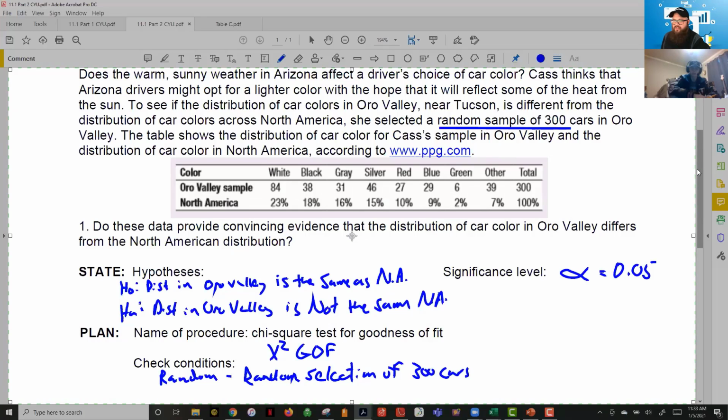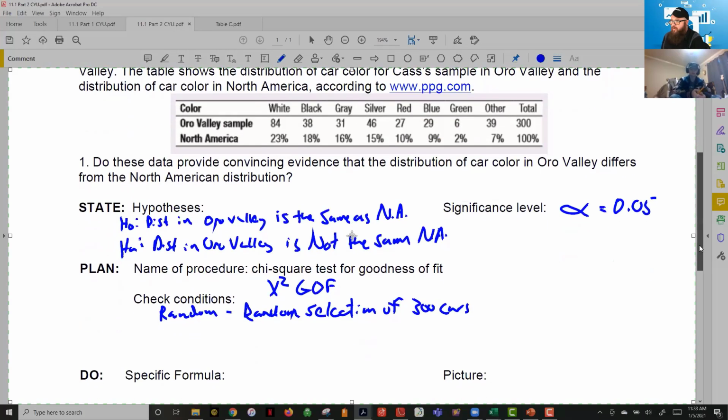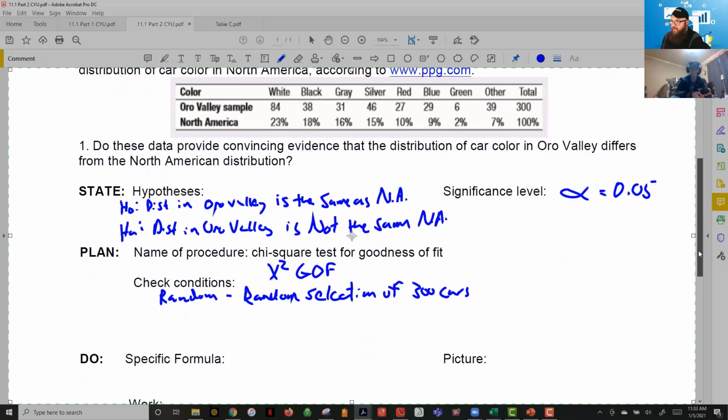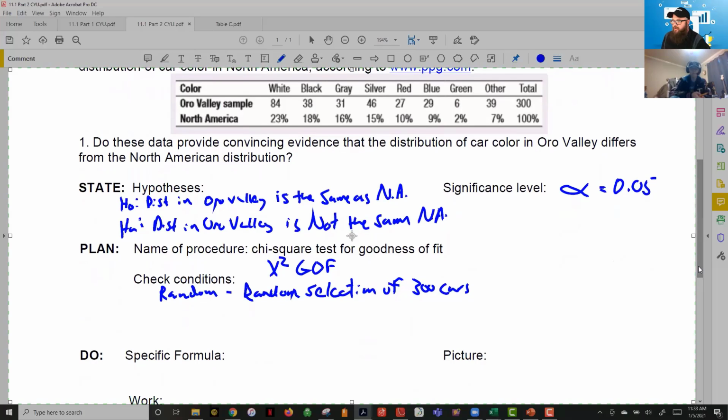I know a lot of this is just copying down what they wrote in the problem, but as long as you do that, the reader knows that you know what you're looking at and talking about. I know it's redundant to write everything again, but it makes things a little easier. Then our other one was large counts, okay?